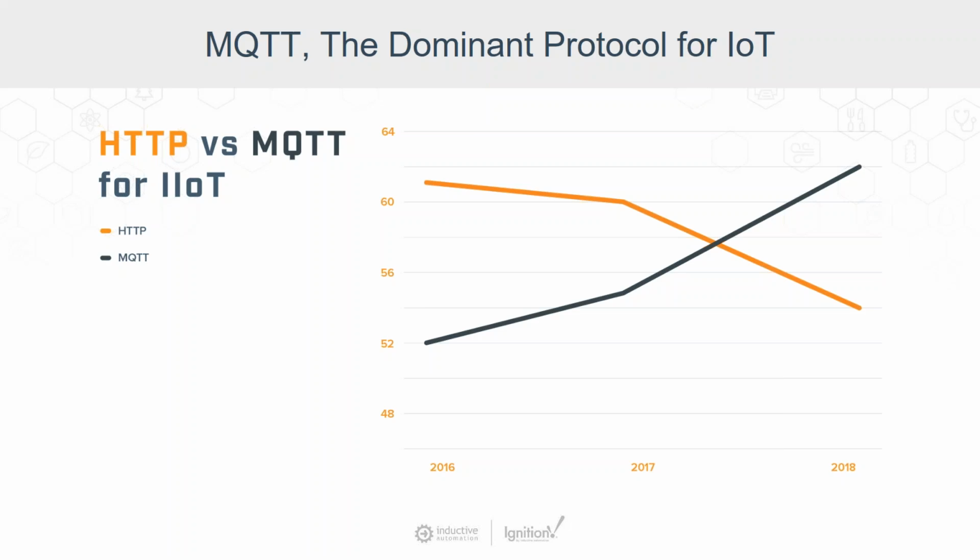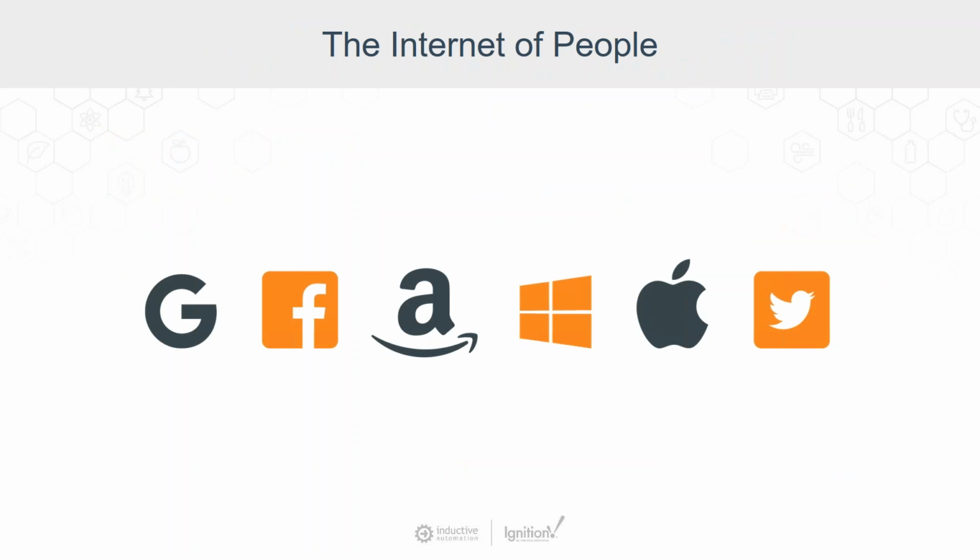Now, what I want to do is give you a sense of why these open protocols are so incredibly important. I can do that by equating it to the Internet of People, which is all of the applications that we use in our personal lives, from Amazon, Google, Apple, Twitter, all the things that we get to use on our smartphones today.